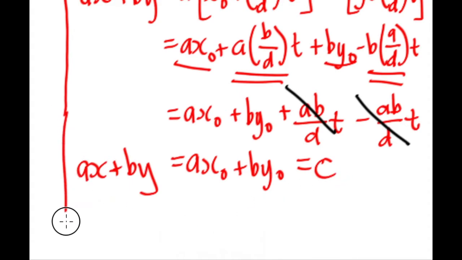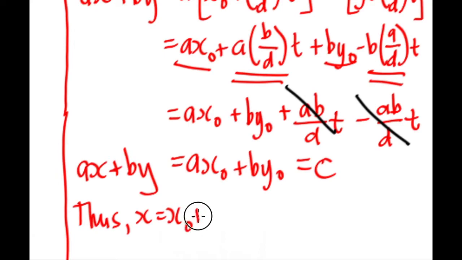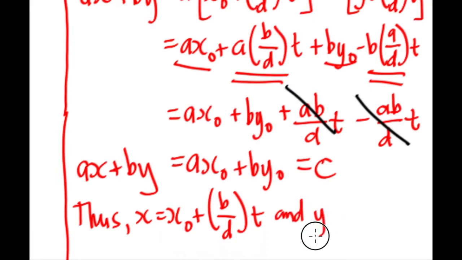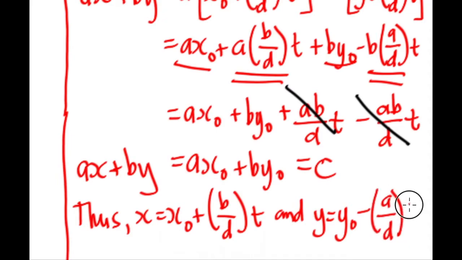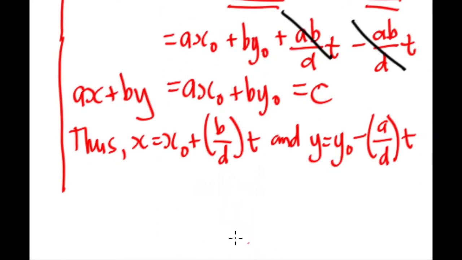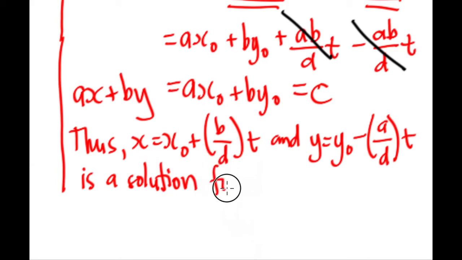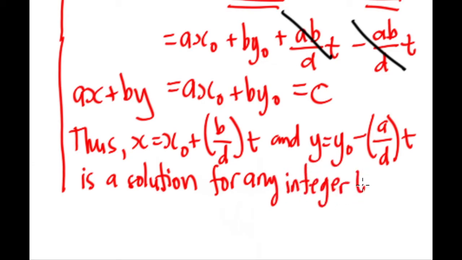So thus, by what is shown here, x equals x sub 0 plus b on d times t, and y equals y sub 0 minus a on d times t is a solution for any integer t. Okay, so that's the third part.